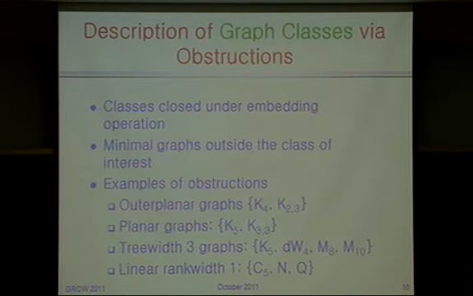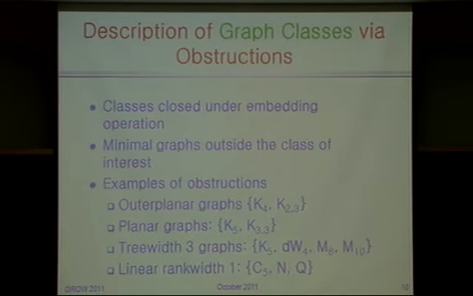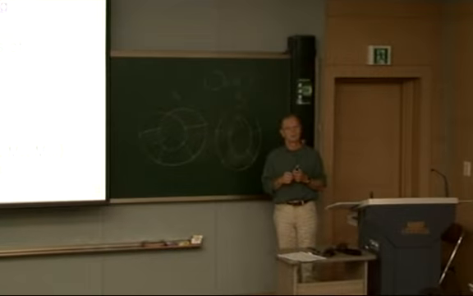Again, I couldn't draw it easily in PowerPoint, so this is M8, and M10 is the prism on 10 vertices. So that's a quick reminder of what there is in terms of small obstruction sets.